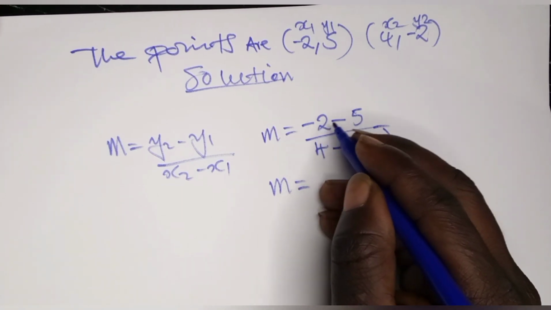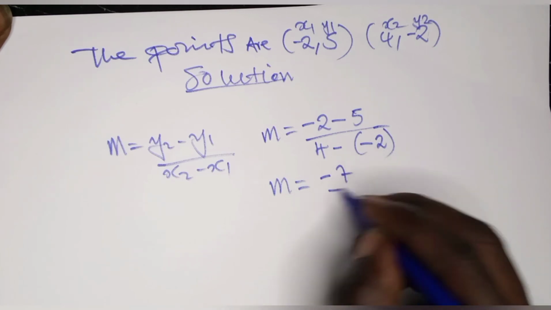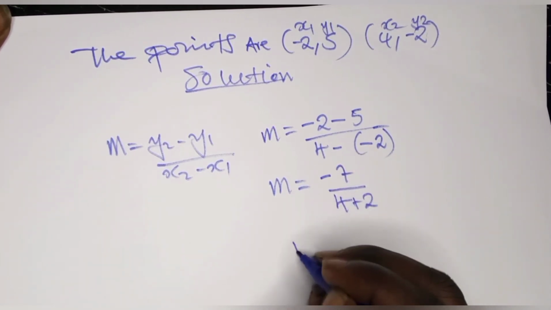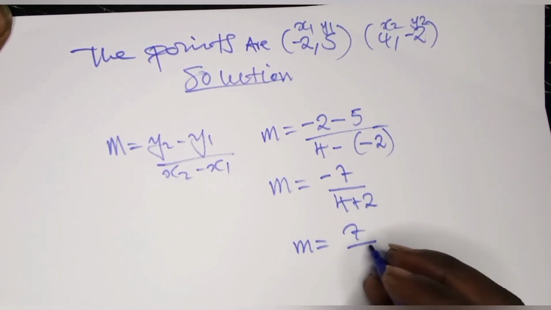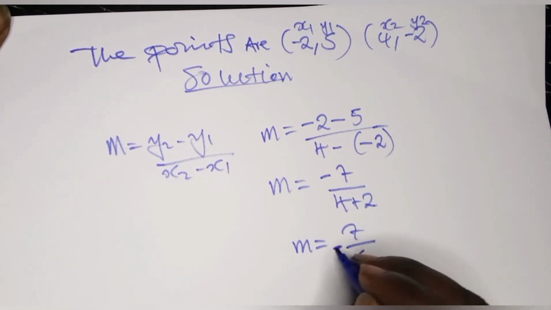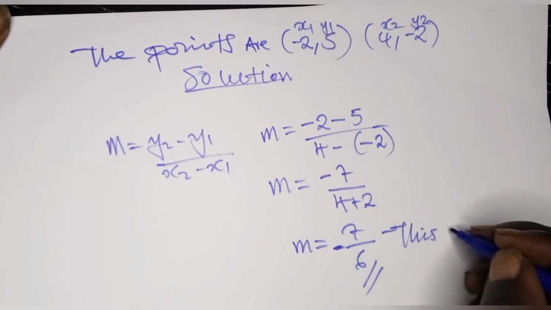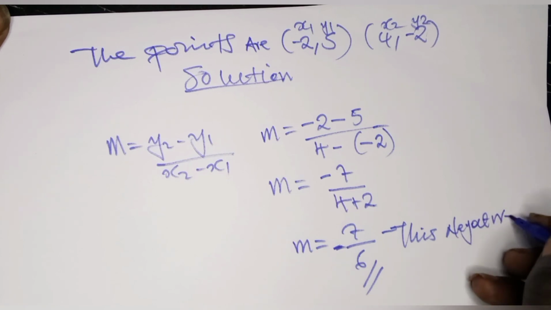Then negative 2 minus 5, which is minus 7, over 4 plus 2, equals negative 7 over 6. The answer is negative, so this is a negative gradient.